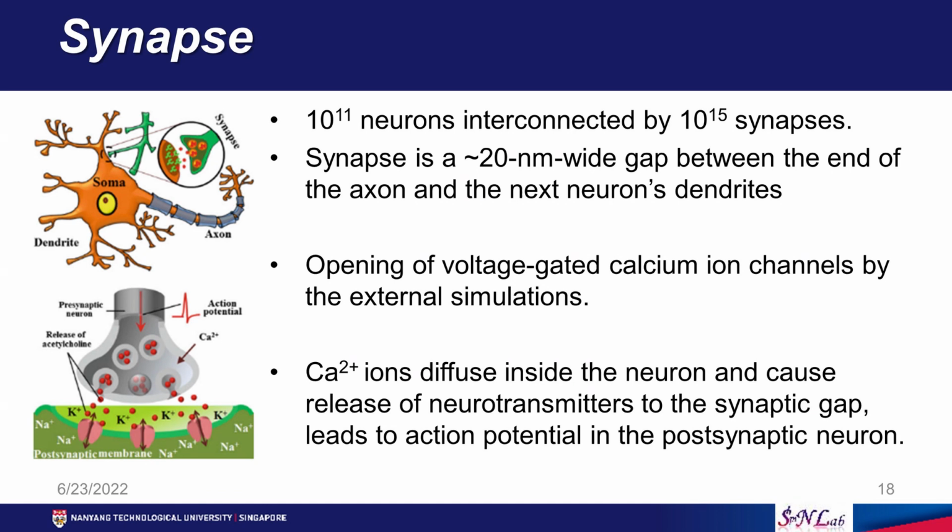In the brain there are 100 billion neurons interconnected by 1000 trillion synapses. A synapse is basically a very small gap of about 20 nanometers between one neuron and the other neuron. My co-speaker, Monalisha, will talk about the chemistry of the synapse, so I will not go into that.